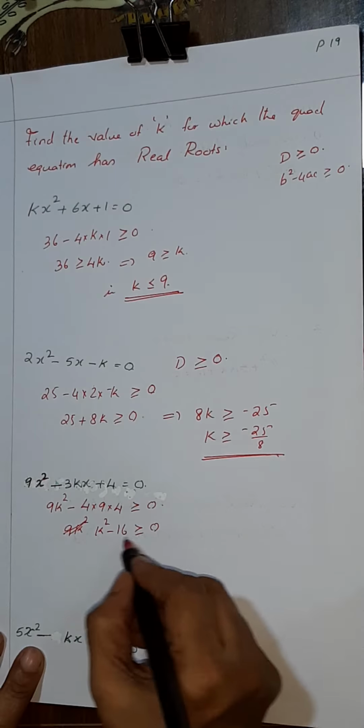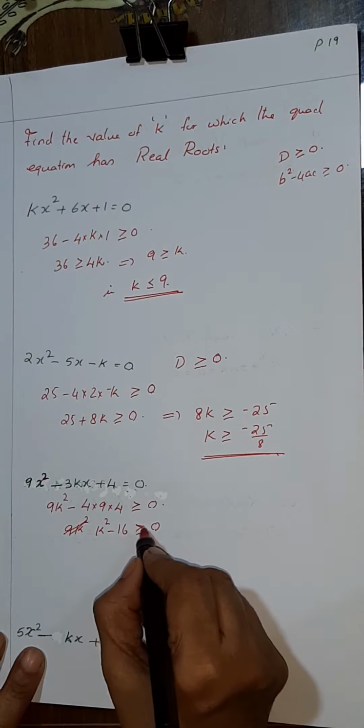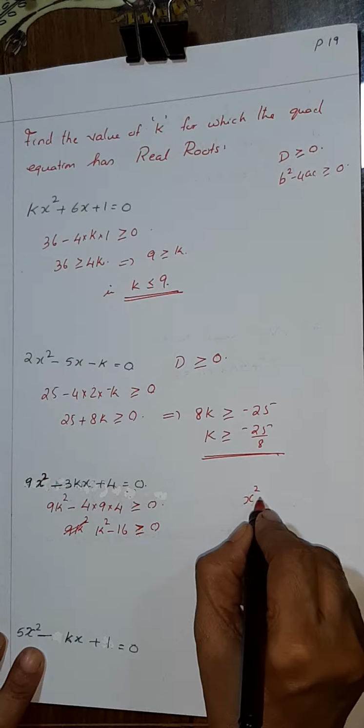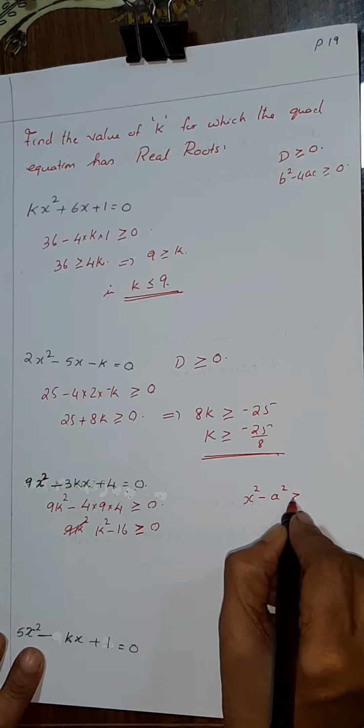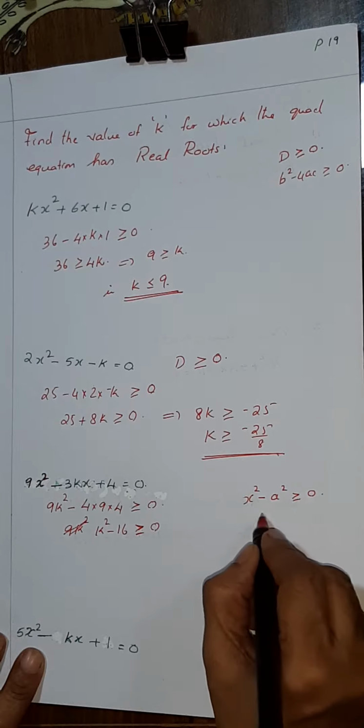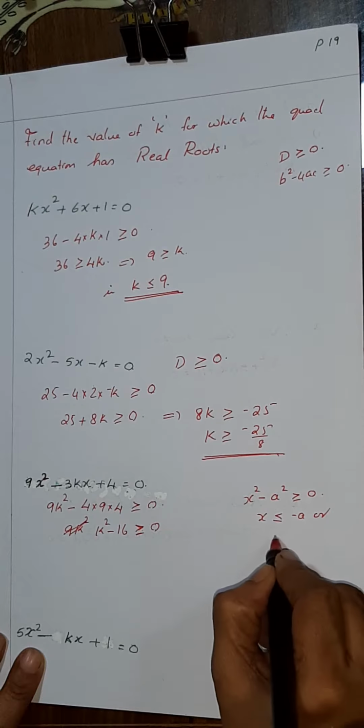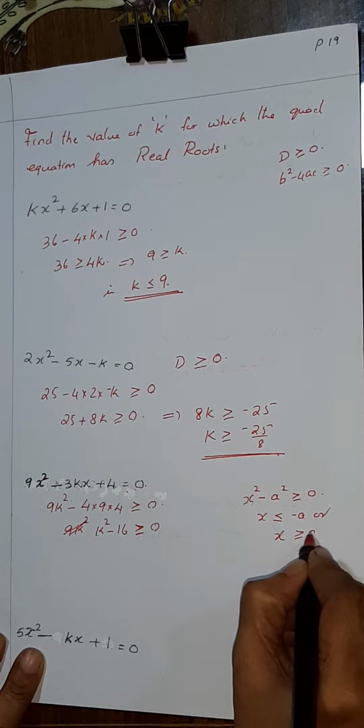Now here in these type of questions we have to use this: if x squared minus a squared is greater than or equal to 0, then x is less than or equal to minus a, or x is greater than or equal to a.